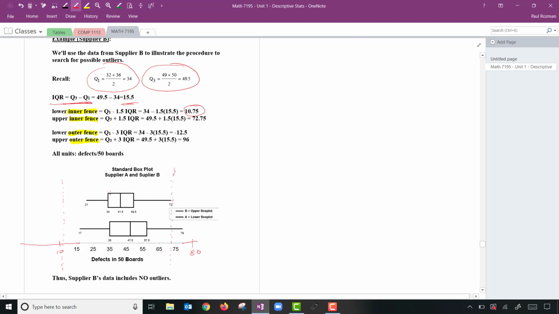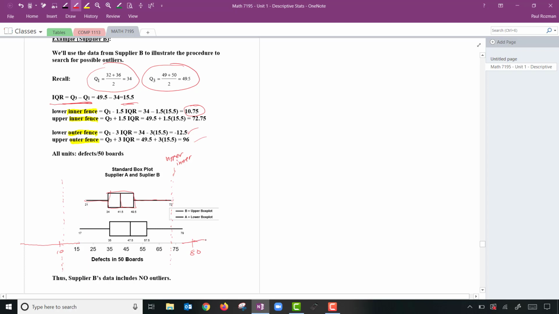If you look at our supplier B data here, this supplier B is the upper plot, you'll see that none of the values in that data set are outside of these inner fences. This is the upper inner. I don't even need to calculate the outer fences because all of the data is already within those fences. But I did anyway. Minus 12.5, which is off the scale. You can't have negative 12 defects.